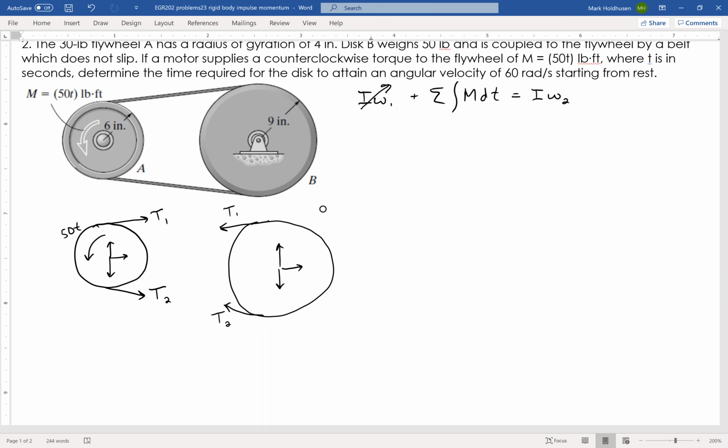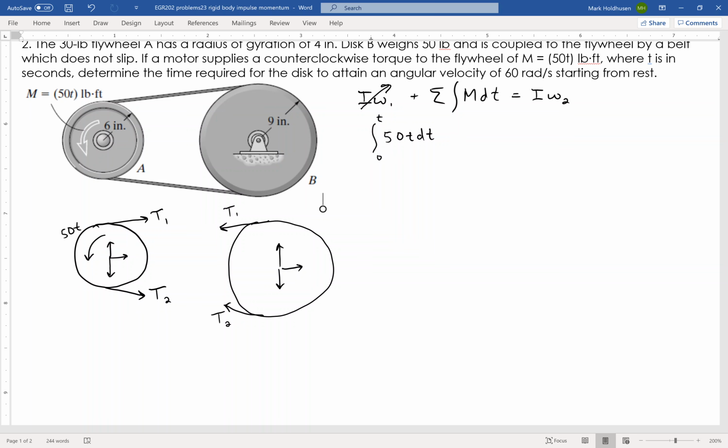So we'll start with disk A, which is going to have the moment of 50t dt. And this is going to go from 0 to some time that I'm trying to find, right? Then I'm going to have two tensions. I'm going to have a positive T2 times the distance. I'm going to do everything in feet, so that's a half a foot.